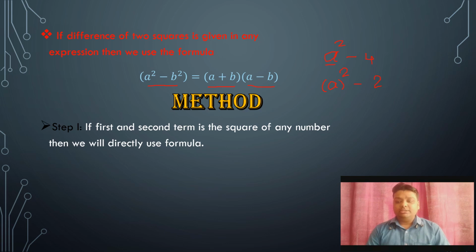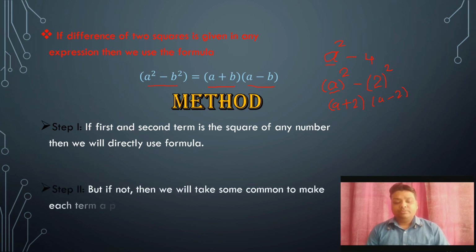So we can say that 4 is the square of 2. Now this is based on this formula, so we can write it as a plus 2 and a minus 2 directly.